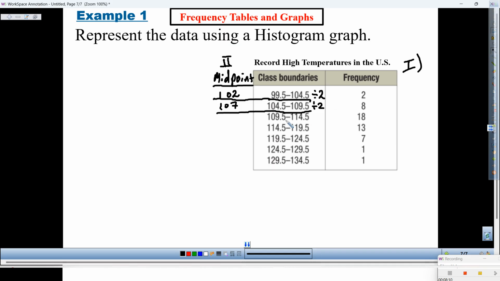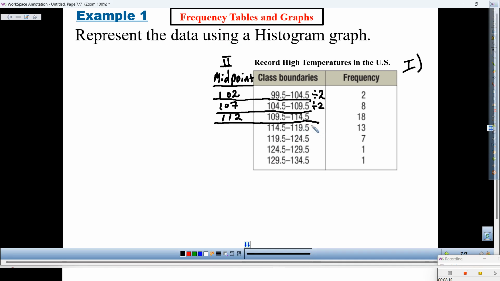All right. Next midpoint. Austin, pass someone. Biani, what you get? 114, close. 112. All right.